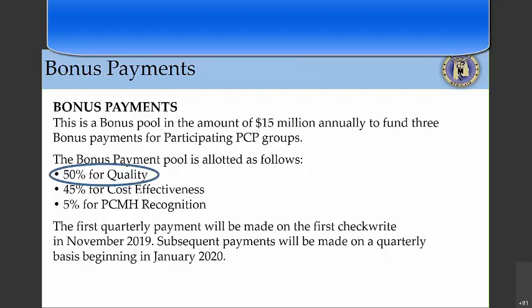There's a bonus pool that will be available the first year of the program. The pool will be $15 million to be awarded annually. This will be distributed evenly over 4 quarters.